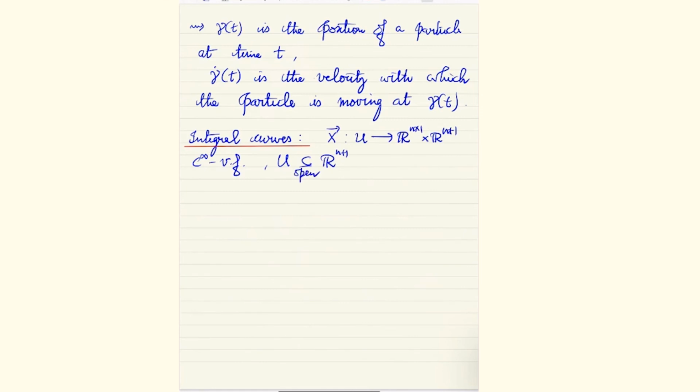So what is an integral curve for this vector field? An integral curve gamma of the vector field X is a parametrized curve which, as I said, fits the vector field.